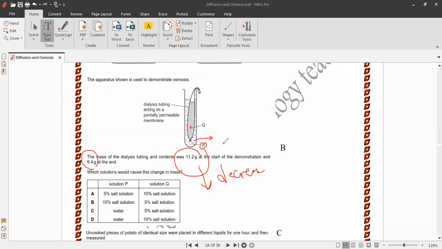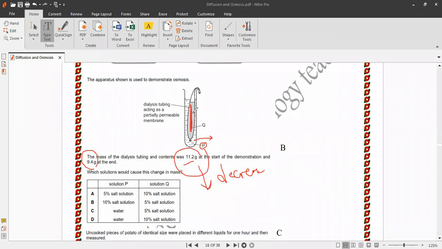Here, which solution would cause the change in mass? Here the mass of the dialysis tubing and content was 11.2 at the start, and at the end 9.4. So the mass of this tube decreases.